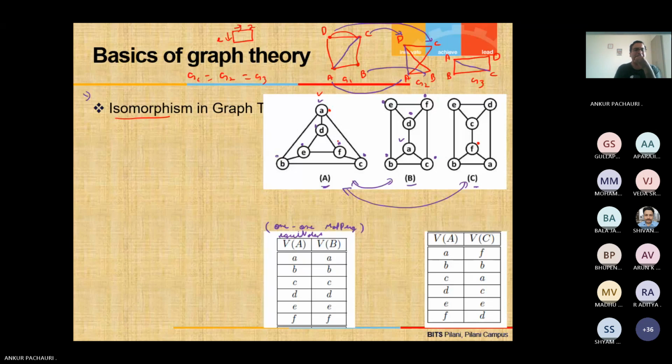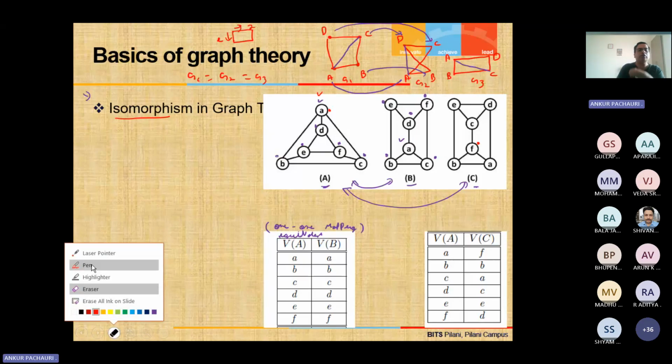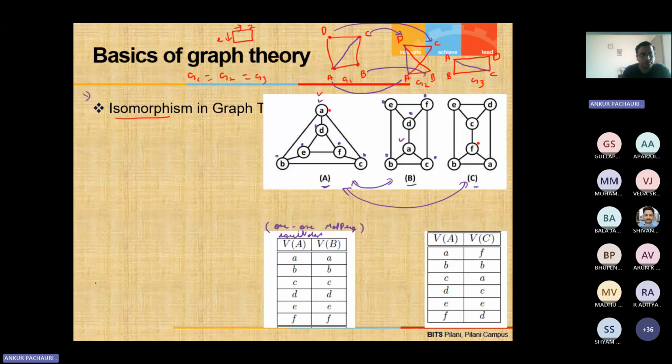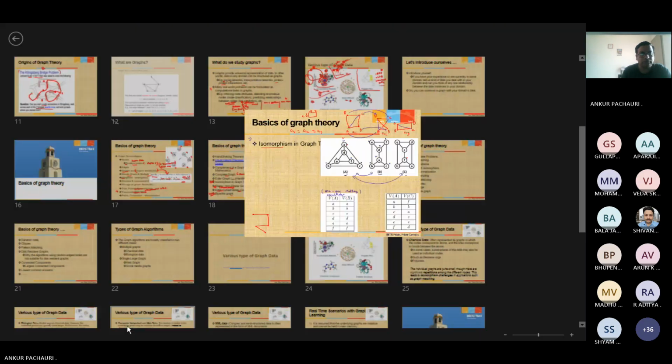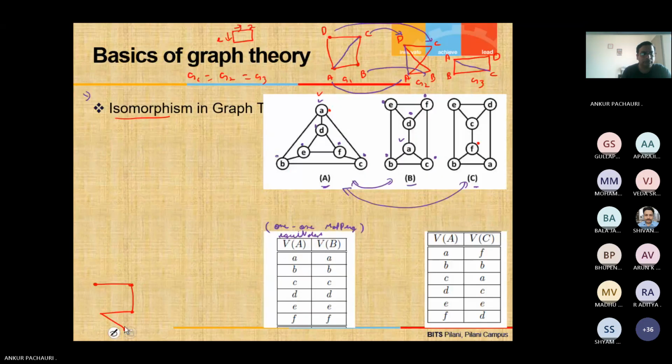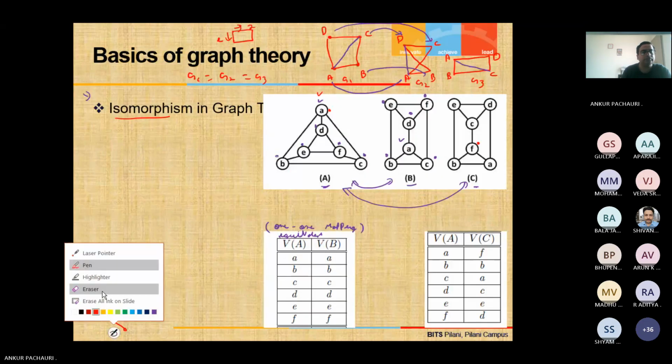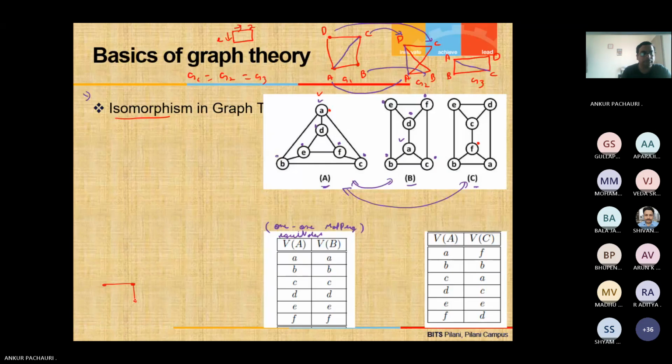like this. We are focusing only on this, so let me draw 3 different graphs to explain.